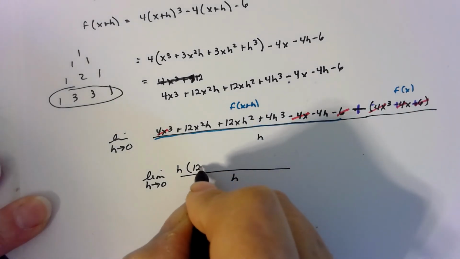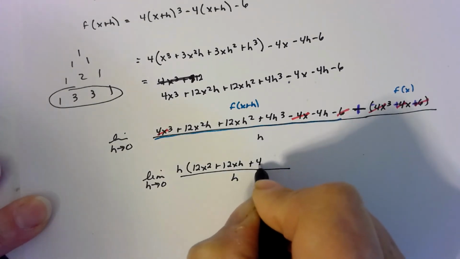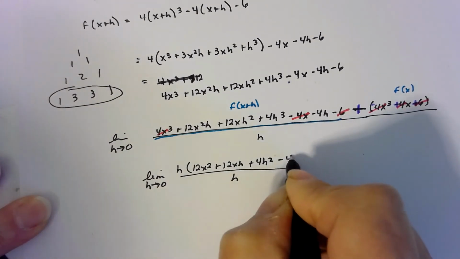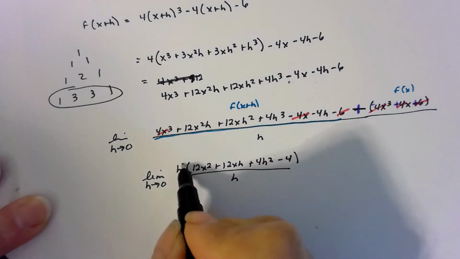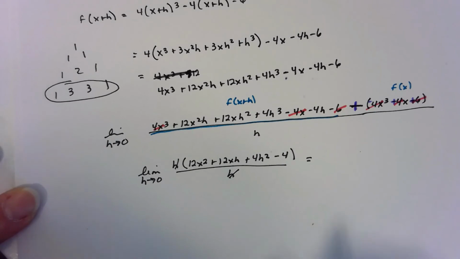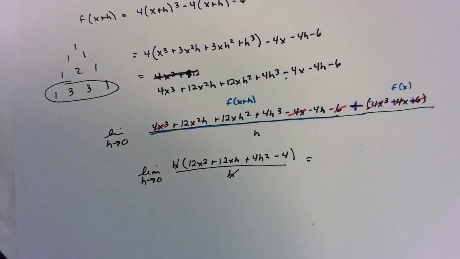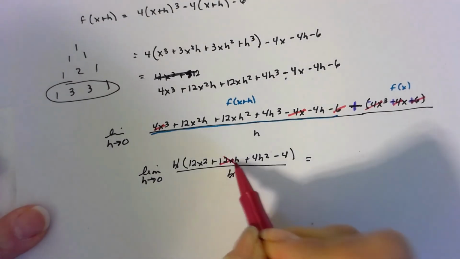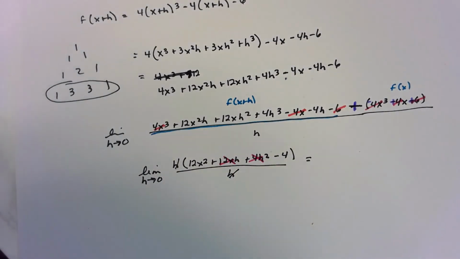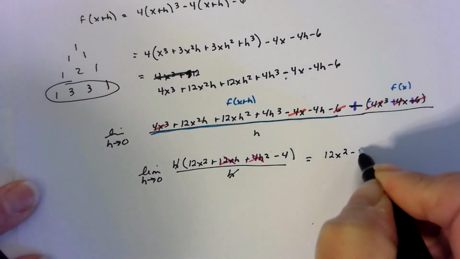So I'm left with 12x squared plus 12xh plus 4h squared minus 4 all over h, and those are going to cancel. And now if I take my limit, that means I plug the 0 in, and any term containing an h is going to go bye-bye. So this term's going to go away, and this term's going to go away. And so what I'm left with is 12x squared minus 4.